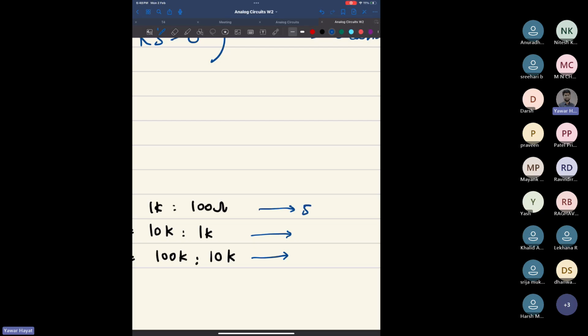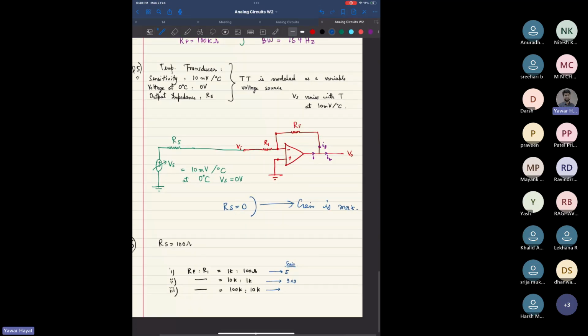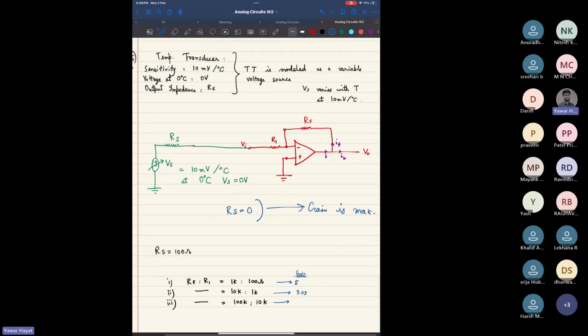Similarly, what about the next? It would be 9.09 for this one. Can you zoom out? Oh, sorry. Zoomed out.